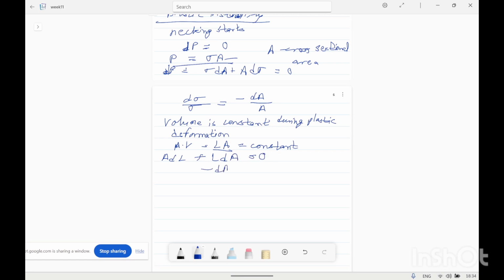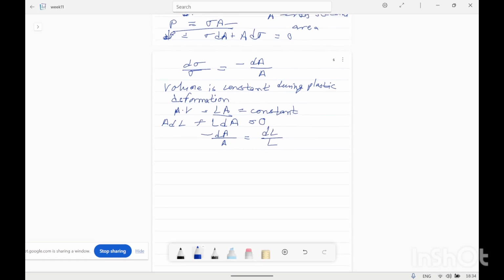So minus dA by A will be dL by L, meaning change in length divided by original length.